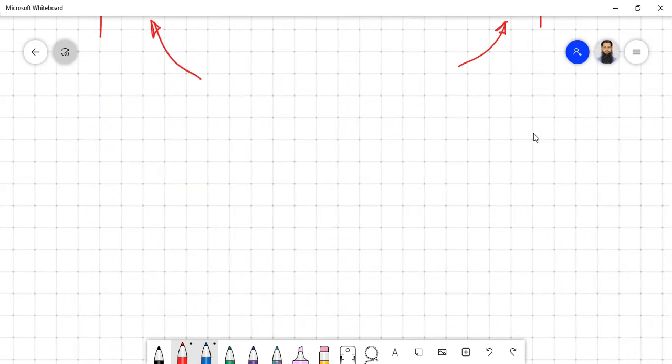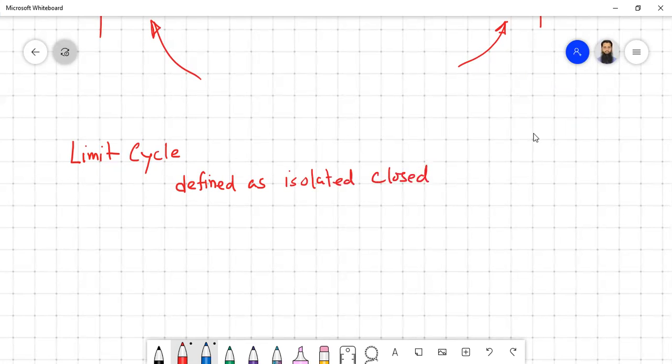Now we are going back to the slotting book again. Limit cycle. From the phase plane's perspective, it has been defined as isolated closed curves.